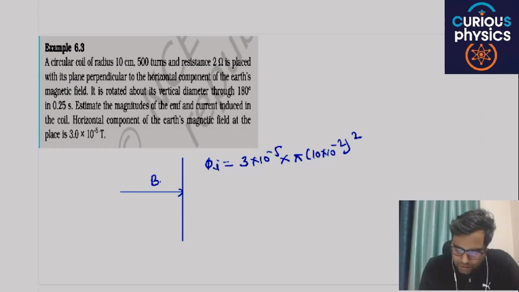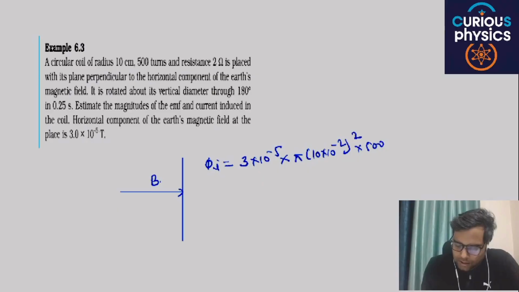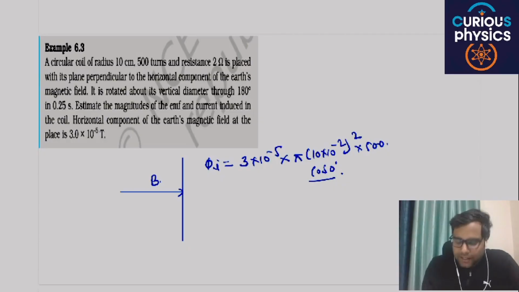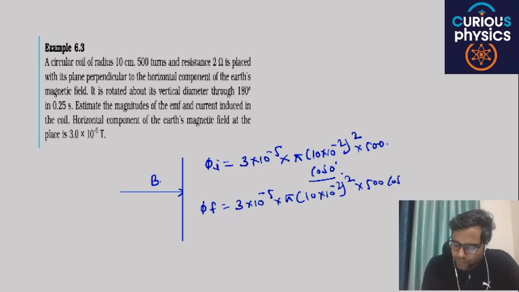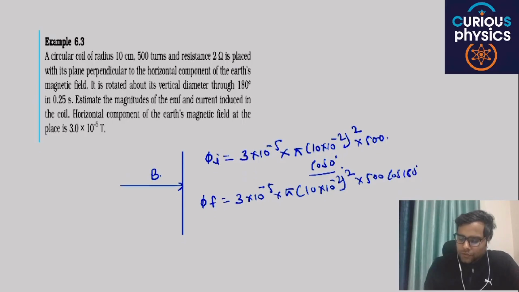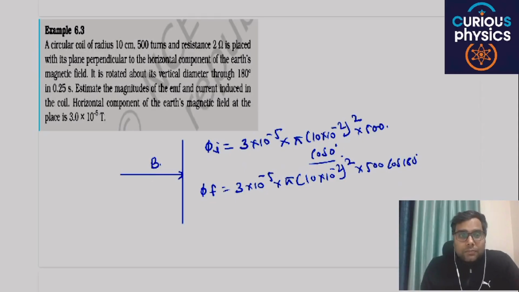This is the value, and the number of turns is 500, and cos 0. This is the initial magnetic flux. The final magnetic flux is 3 into 10 raised to power minus 5 times pi (10 into 10 raised to power minus 2) squared, into 500 into cos 180. Cos 180 is minus 1 and cos 0 is 1.